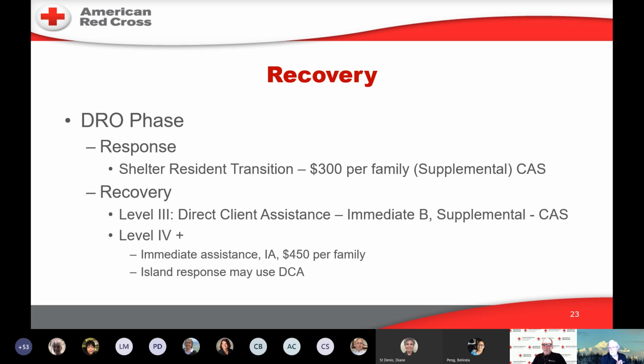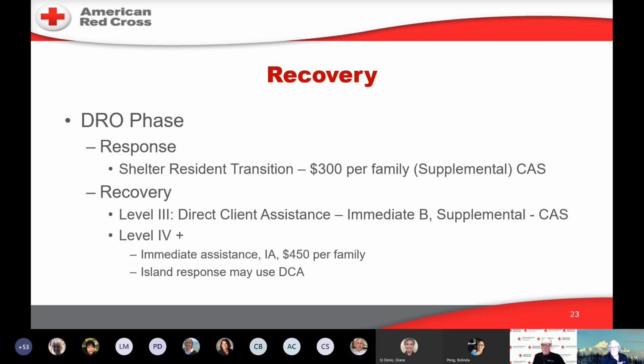In most cases, this will be done with a remote or virtual caseworker working with about 8 families. And we are looking at up to $300 per family to help them meet their recovery needs so that they can move on out of the shelter. This does not mean that they will not receive assistance from other sources, but to get them out of the shelter, and in the response stage, we have the shelter resident transition.